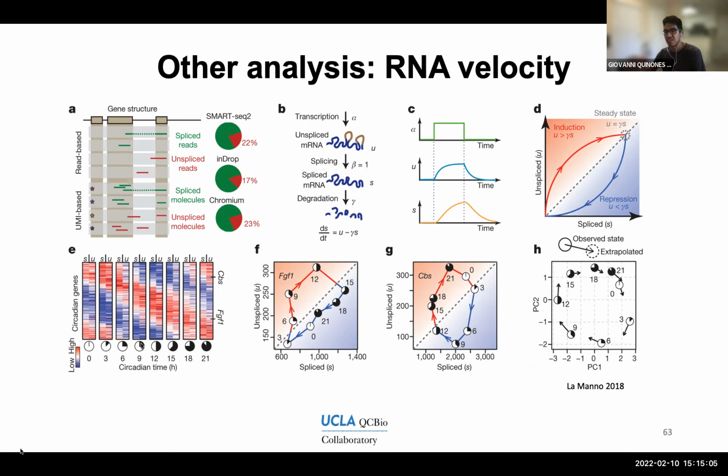In this case, this study focused only on circadian genes, those genes whose expression, whose activity, is strongly linked to the time of the day. Of course, circadian genes are going to have different signals at different times of the day. What this RNA velocity analysis is trying to achieve is to find the pattern of how the proportion of spliced versus unspliced is moving throughout these time coordinates.